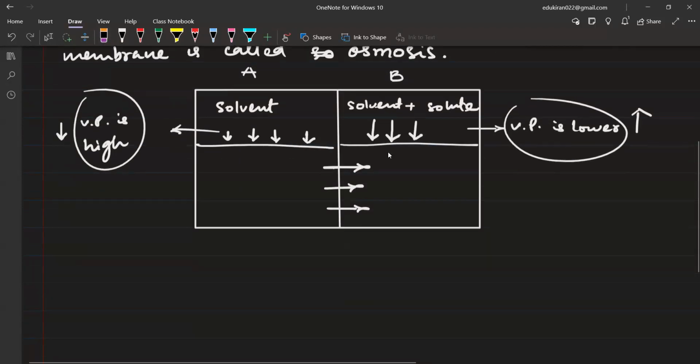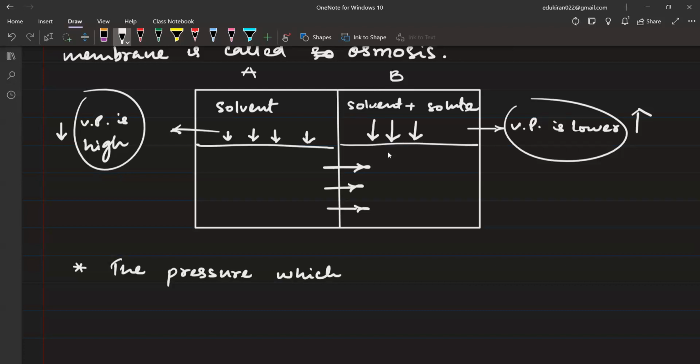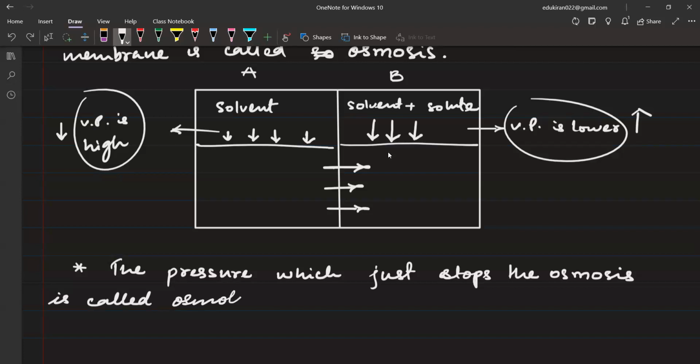A simple definition of osmotic pressure is, please write: the pressure which just stops the osmosis is called osmotic pressure.